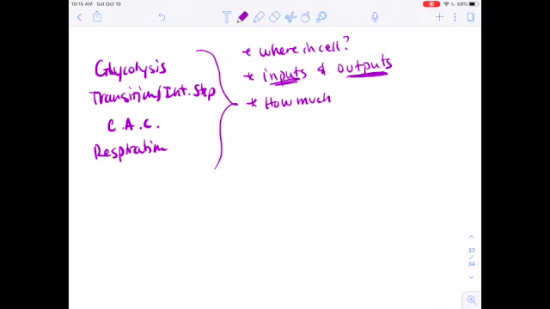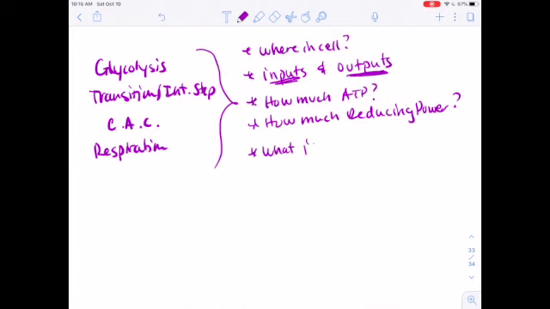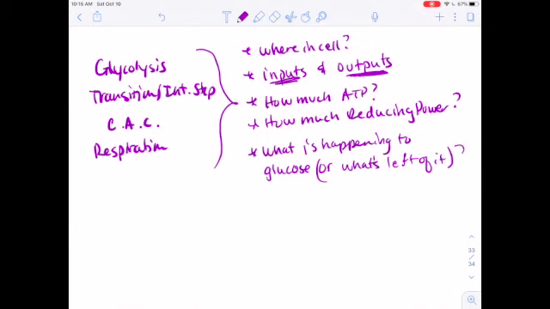How much ATP in each of these processes do we get out, and how much reducing power in each of these, as well as generally what is happening to glucose or what's left of it, in each of these. So all of these. This is intense stuff.